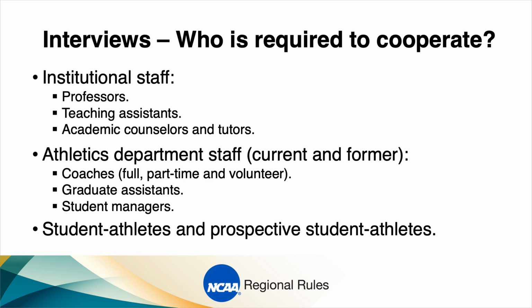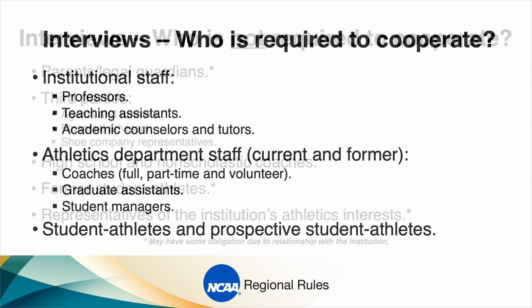If these individuals refuse to cooperate in an investigation, they could face additional allegations of NCAA violations. In regard to employment, however, it is important to consult with your institution's legal counsel. Again, in Part 2 of this presentation, you'll learn more strategies about interview sequencing and strategy.